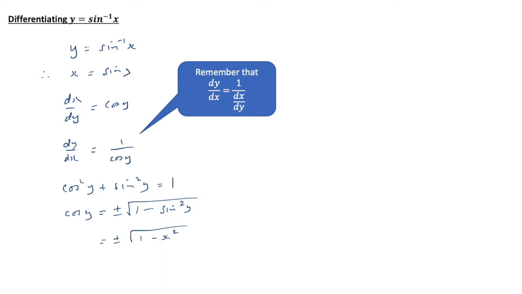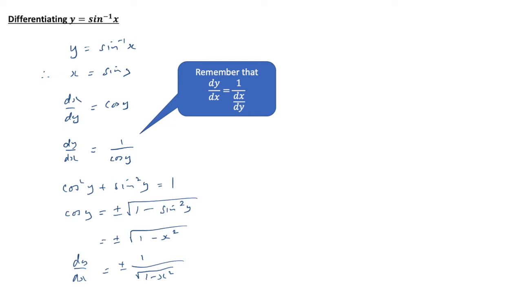Okay, and because sine of y is equal to x, we can rewrite that as plus or minus the square root of 1 minus x squared. So that gives us dy by dx is plus or minus 1 over the square root of 1 minus x squared.